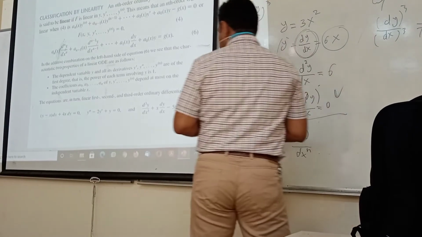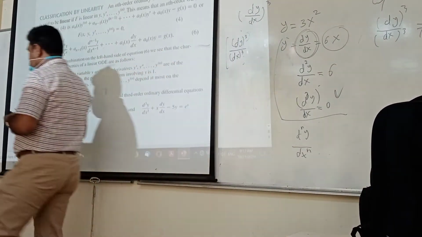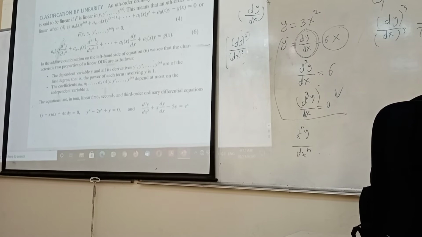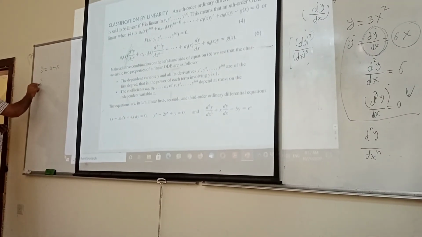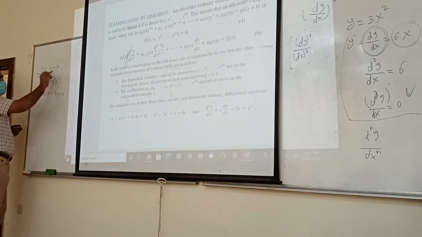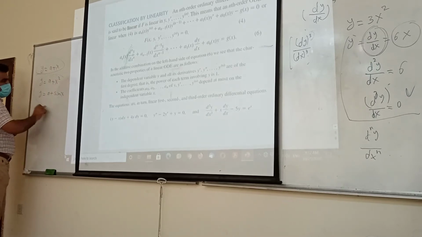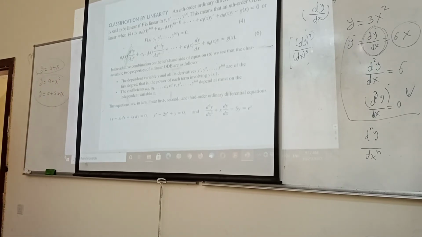For example, if I say y is equal to a plus x, and y is equal to a plus x squared, and y is equal to a plus sine x, which one is linear, which one is non-linear? So this is linear and those are non-linear.